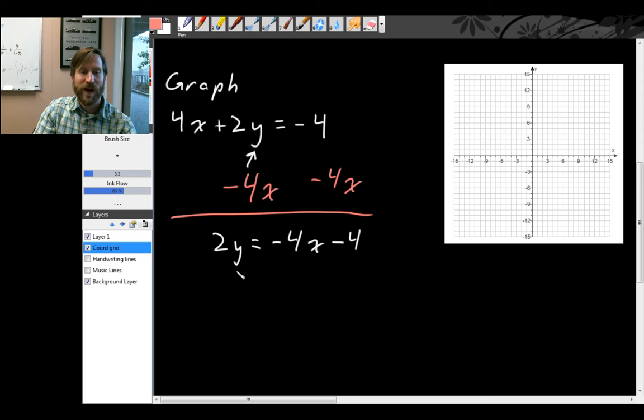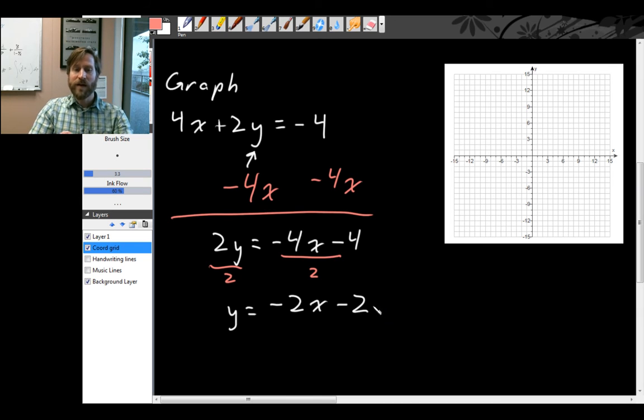And then we'll divide both sides by 2. That gives us y equals -2x minus 2. Okay, now we have slope-intercept form, and so now graphing this equation should be more straightforward.